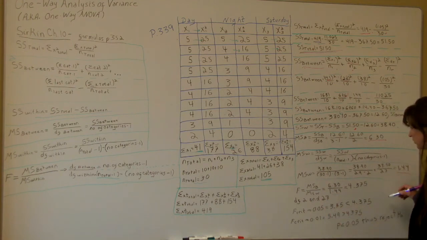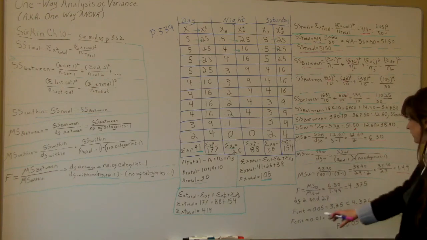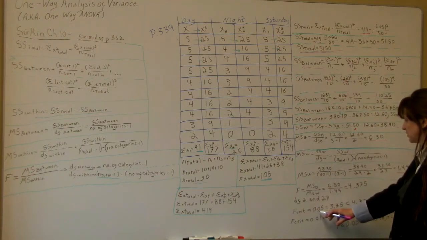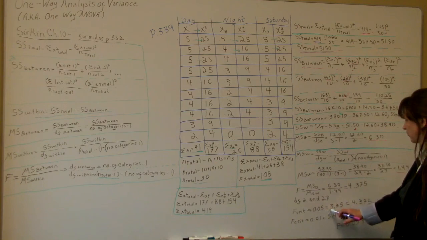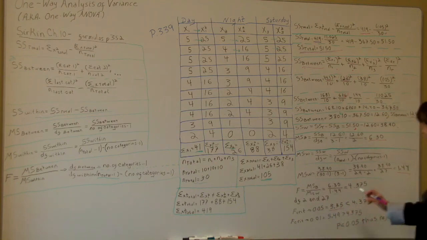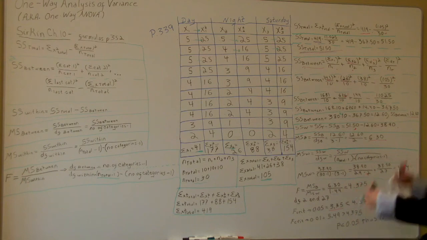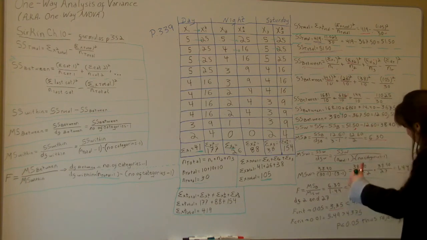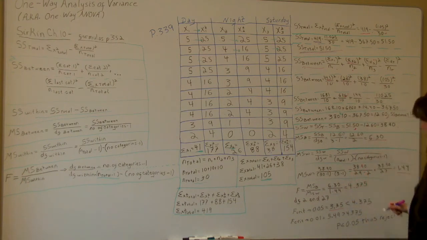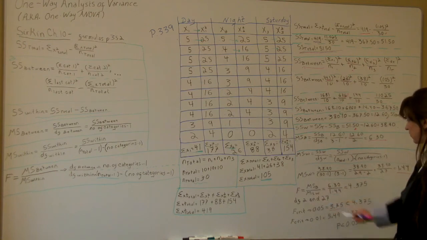You look at your table to find your F crit, your critical value at the 95% level, which is the P of 0.05. Your F crit is 3.35, which is smaller than our F, which is 4.375, which means ours is a higher level of significance. It's a bigger number. So it is significant at the 0.05 level.